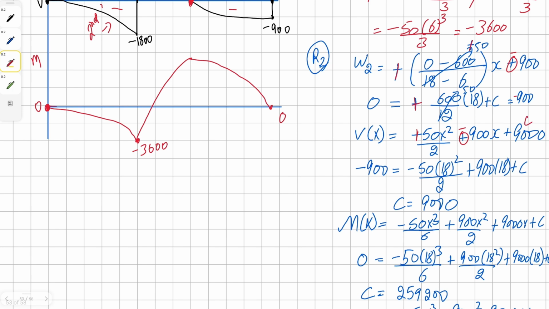And to find our constant, we know that we have 50 times 18 squared divided by 2, and then we have negative 900 times 18, which comes up to be negative 8100, and then we add negative 1800 on both sides, so we're going to have 7200 as our solution for the constant.